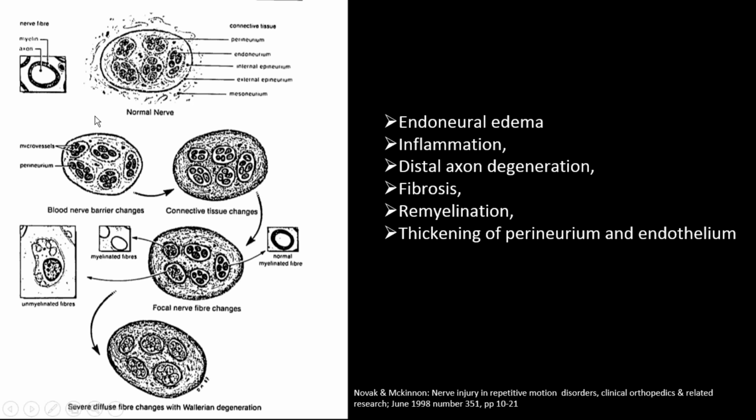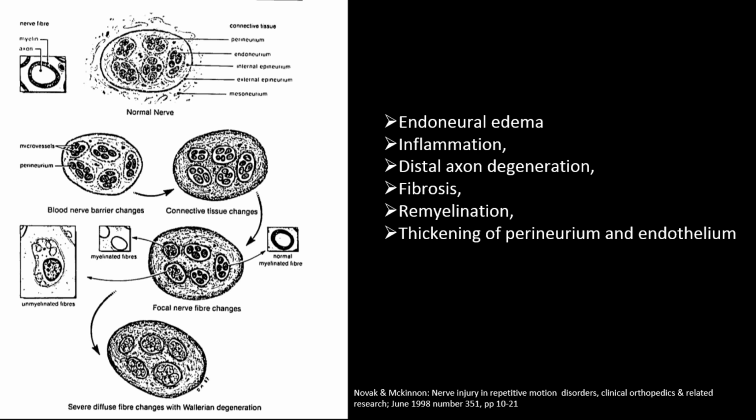Now, to summarize what other changes are happening when there is a nerve compression or entrapment neuropathy, there is endoneural edema, which appears as hypoechoic swelling of the nerve. Inflammation gives you the same hypoechoic swelling of the nerve. There is distal axonal degeneration, which is also called Wallerian degeneration.